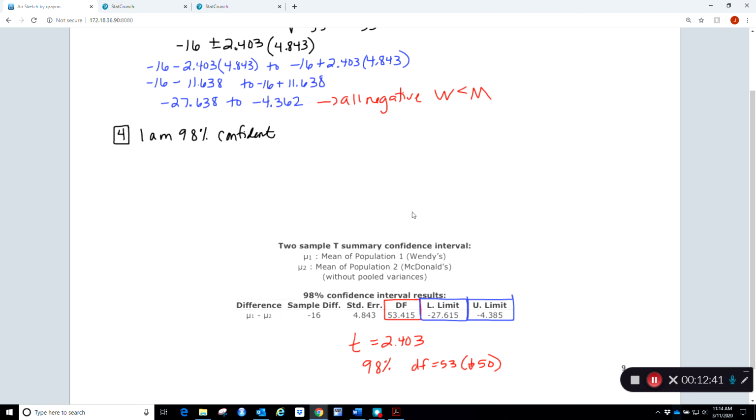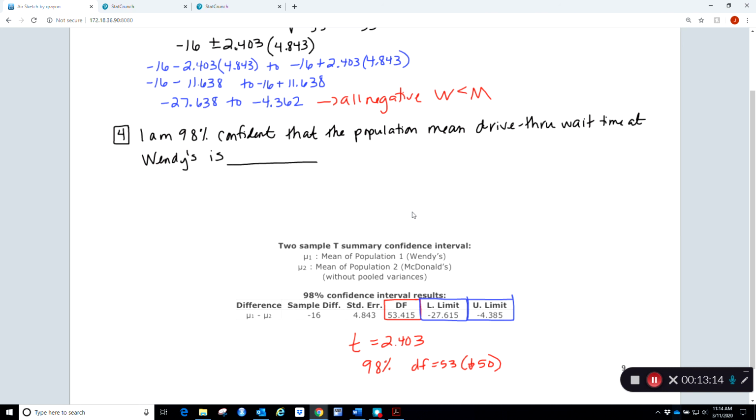So I am 98% confident that our population mean drive-through wait time at Wendy's, since it was my first thing listed, I'll write it first, is, I'm going to come back and fill this in, is less than at McDonald's. Generally, we feel pretty good about saying that it's less at Wendy's than at McDonald's.